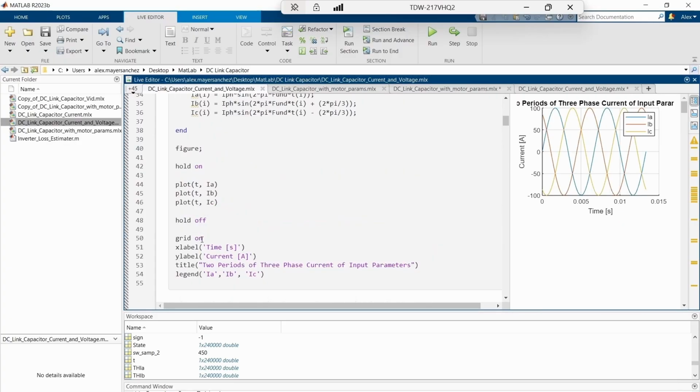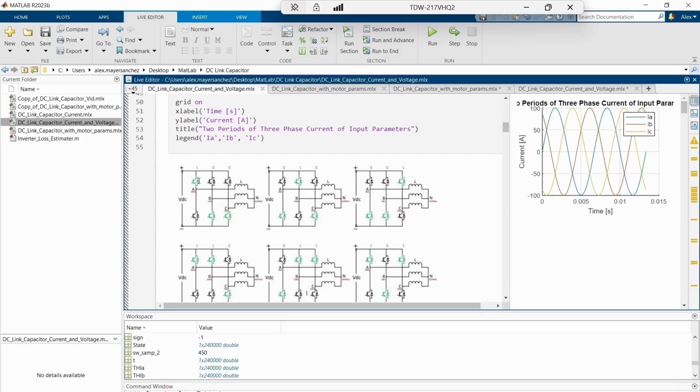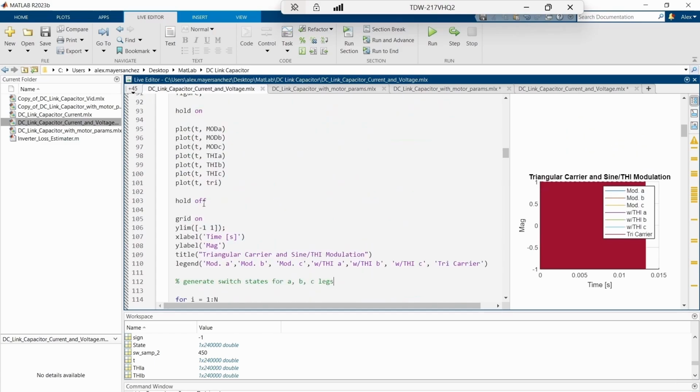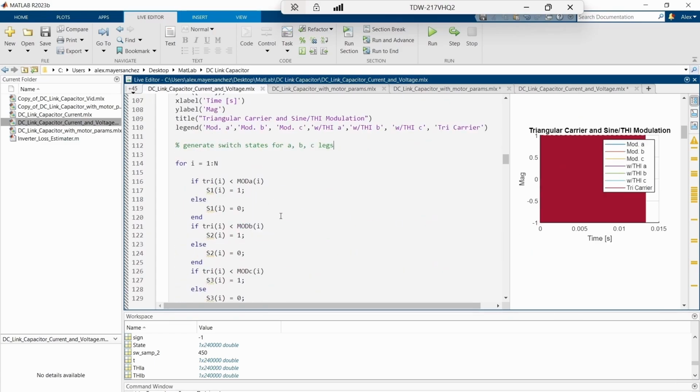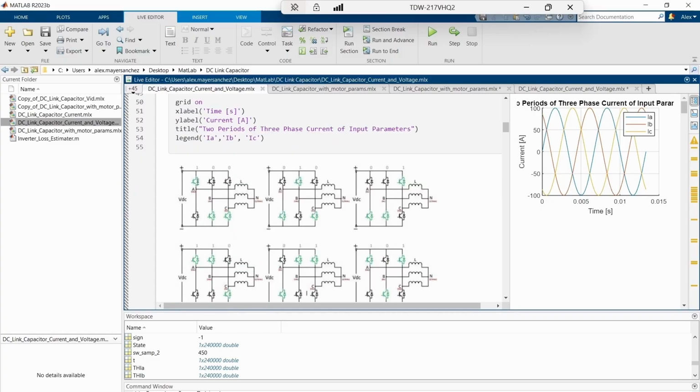So switch 1 corresponds to this switch, which is complementary to the low side switch. Whenever the triangle wave is less than the modulating waveform, the high side switch is on. And whenever the triangle wave is greater than the modulating waveform, the high side switch is off, and the low side switch will always be complementary to it.